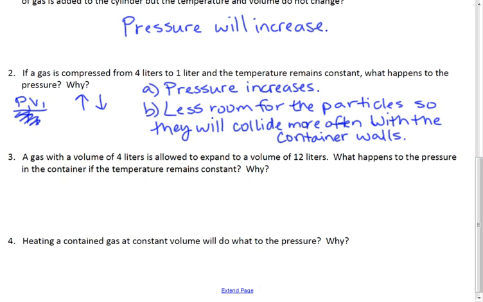For number 3, we have a gas with a volume of 4 liters allowed to expand. So kind of the opposite here. What's going to happen to the pressure? If the volume is greater, now our pressure does the opposite. It decreases.